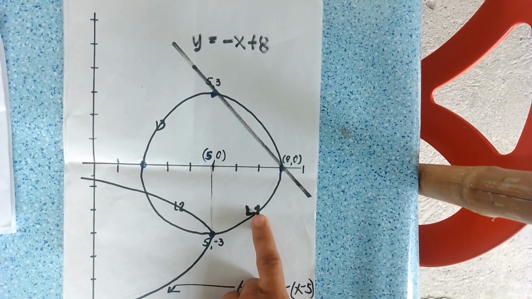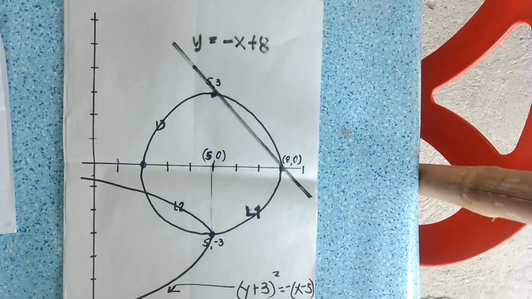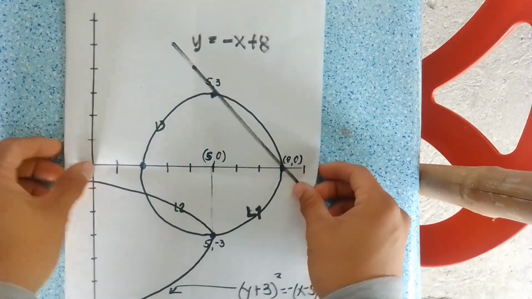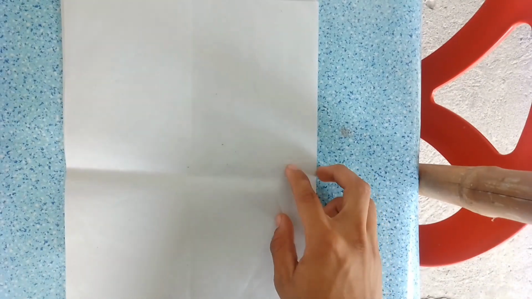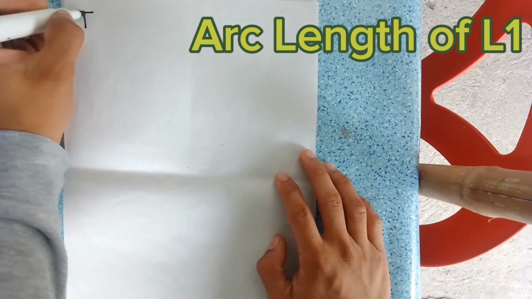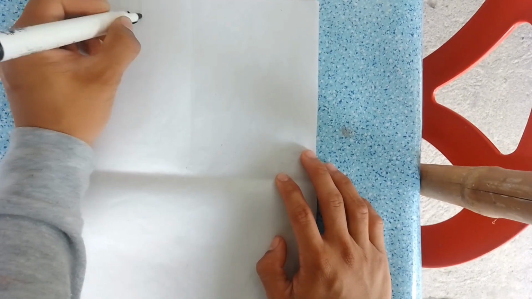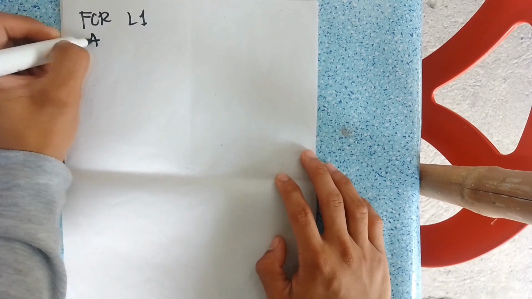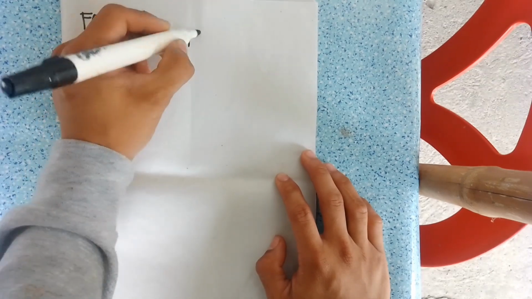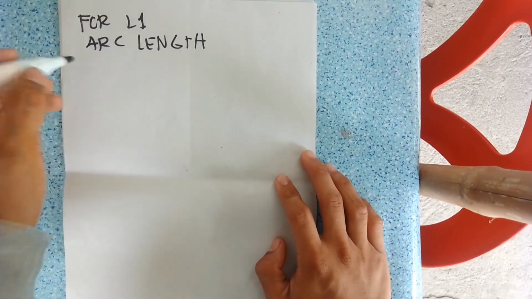So L1 is the basic one. So how to solve for L1? For L1, solving for the arc length, just simply use the formula.